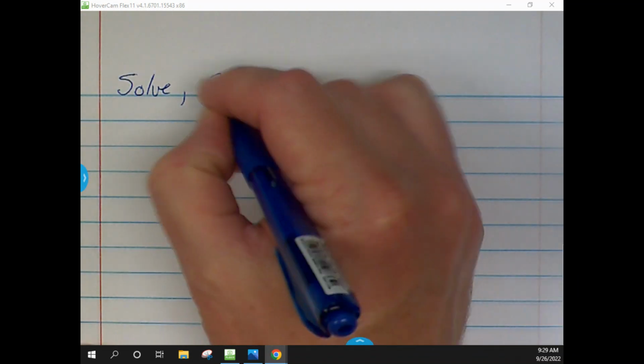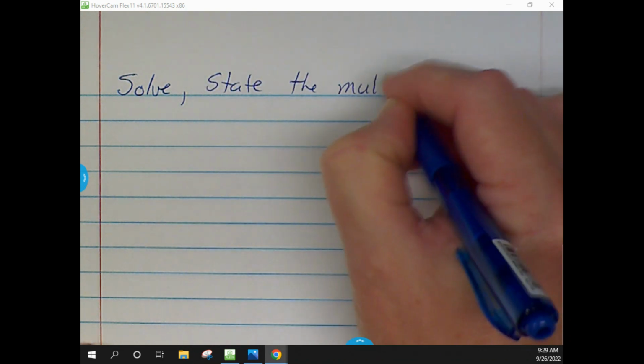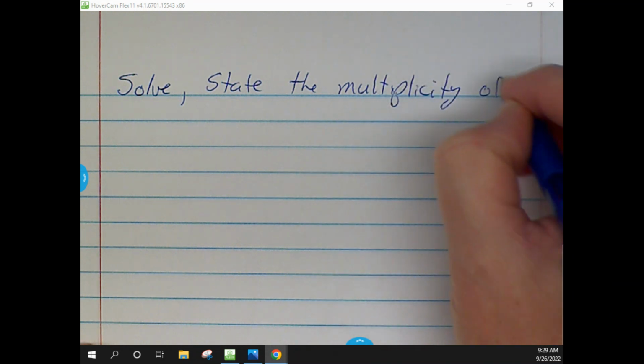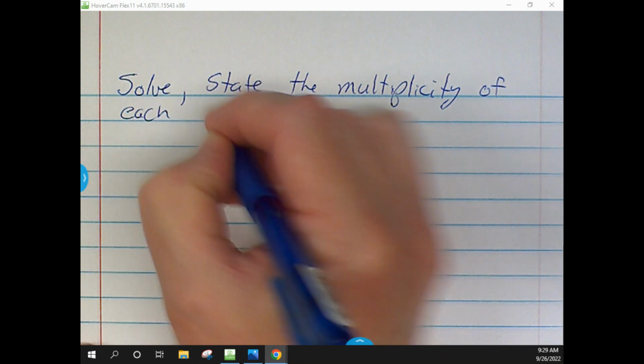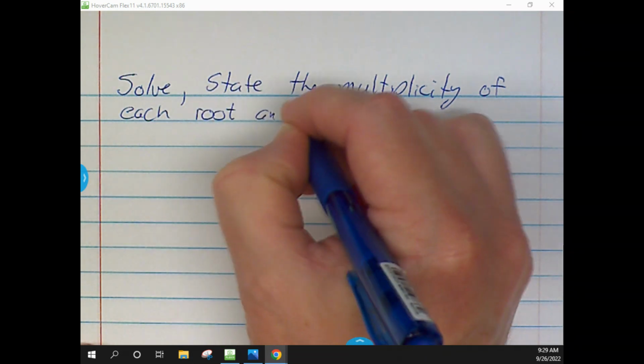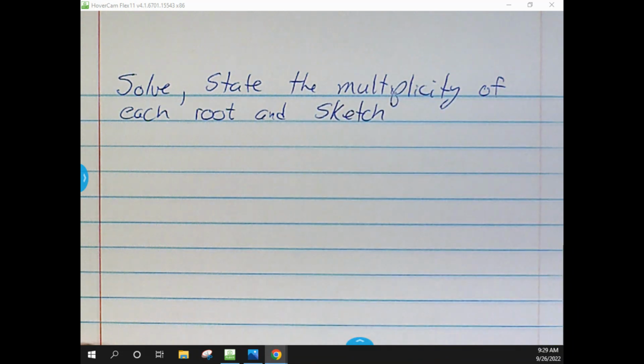All right, so we'll do 2 or 3 examples where we're going to do this. We're going to solve. We're going to state the multiplicity of each root. And again, when we do these, we're not going to make it an absolute perfect graph. We're going to sketch the graph.